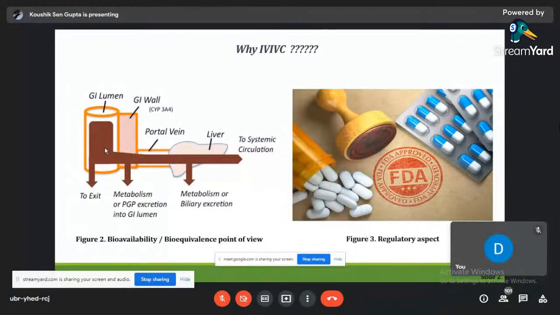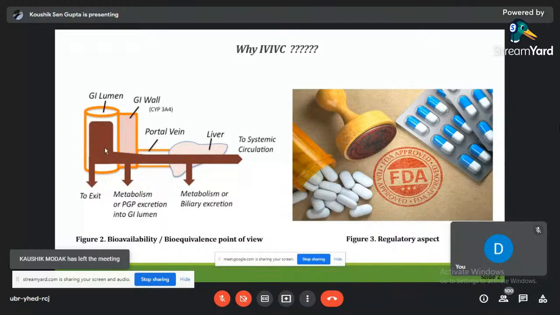As we know, the liver is a bank of several types of enzymes. Here the main metabolism takes place. You already know the metabolism phases, phase 1 and phase 2. This metabolism takes place in the liver, which means some loss of parent drug takes place here also.